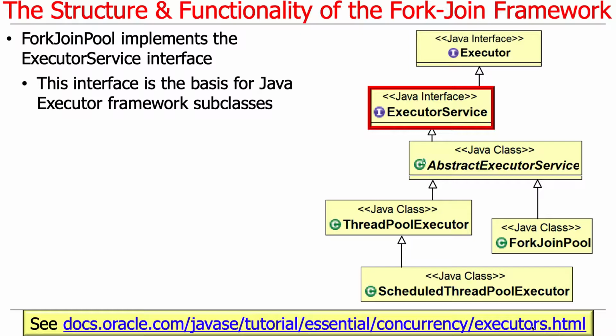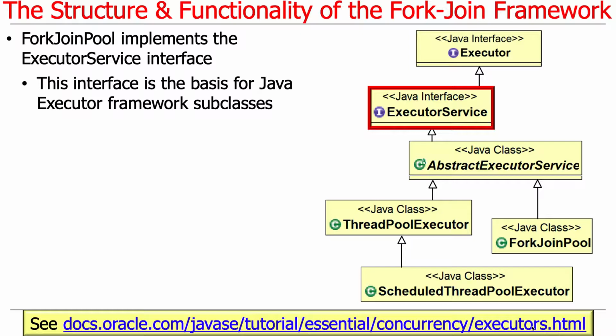The executor service is the basis for a bunch of subclasses that form the so-called Java executor framework. And the Java executor framework is a set of interfaces and classes that provide different thread pool implementations, starting with Java 5, which came out about the 2004 timeframe or so.